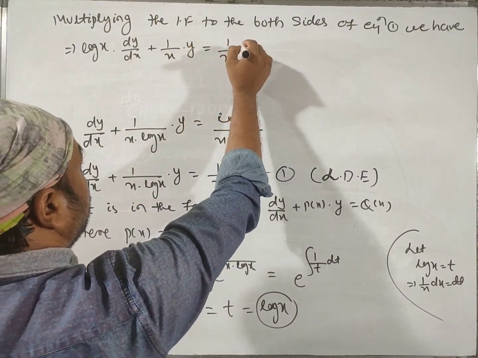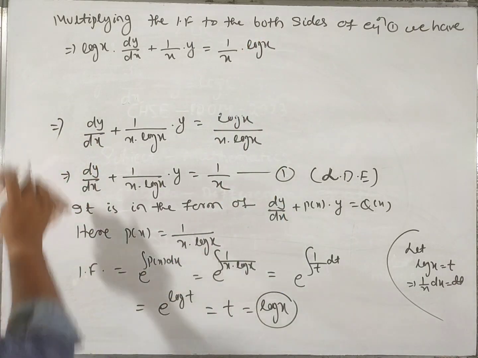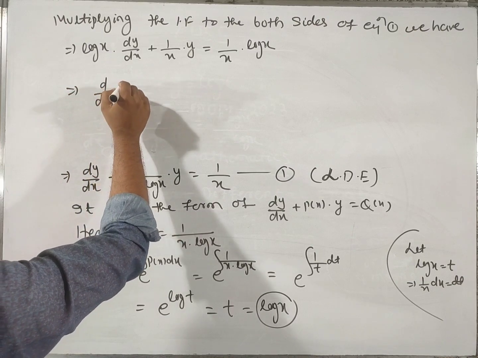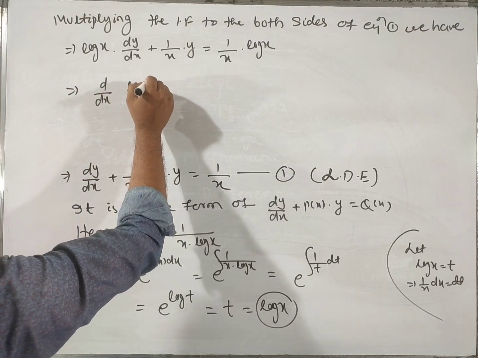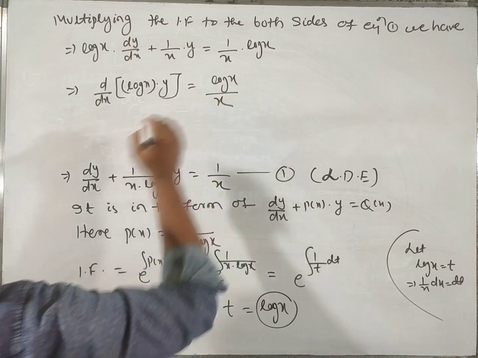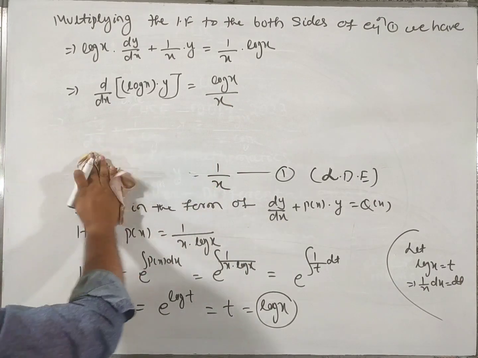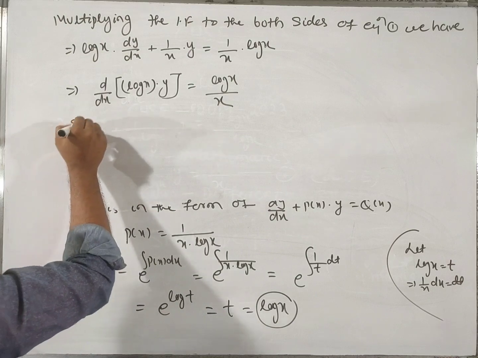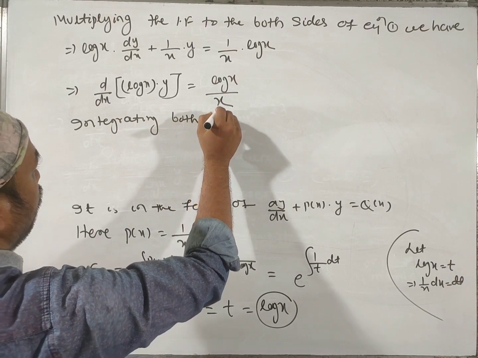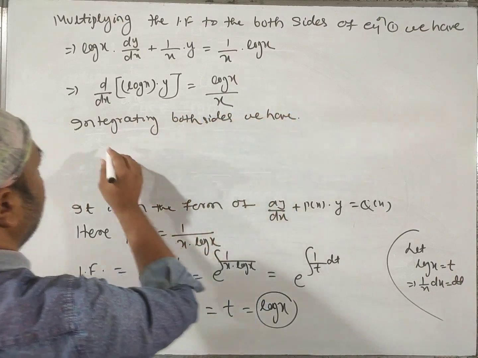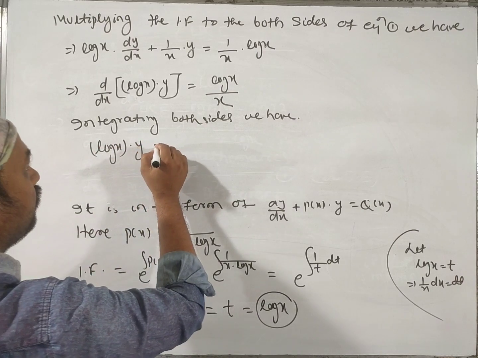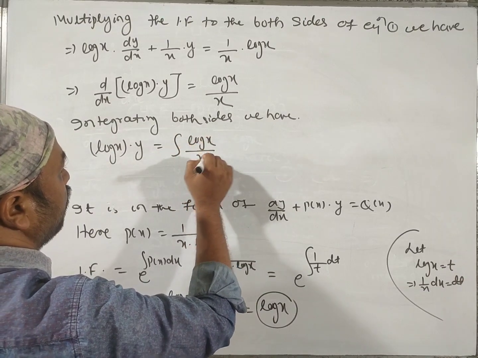Then it is 1 upon x multiplied with log x. Then it will be the differentiation of log x into y, equal to log x divided by x. Integrating both sides, we have log x multiplied with y equal to the integral of log x divided by x dx.